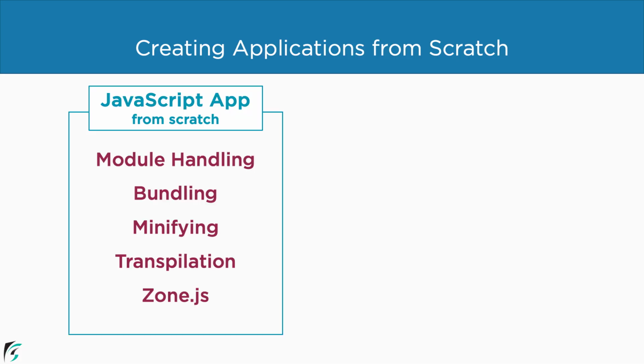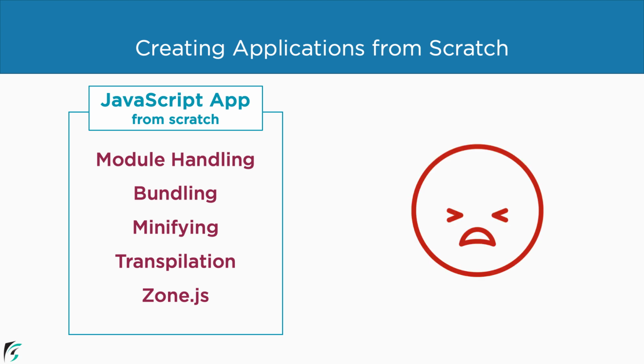We need to take care of module handling, bundling and minifying the code, transpilation from TypeScript or ES6 down to ES5 for browser compatibility, using wrappers like Zone.js for change detection, and many more in the production app. This certainly is possible and even easy for a simple project. But in a production app, it becomes a nightmare and brings in a lot of fatigue. The Angular CLI is Angular's answer to this issue.